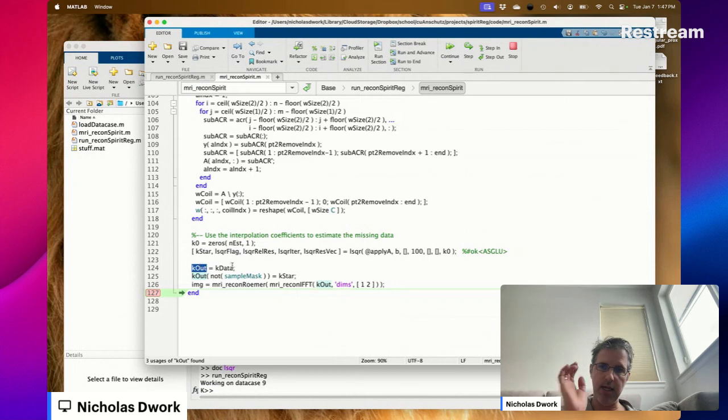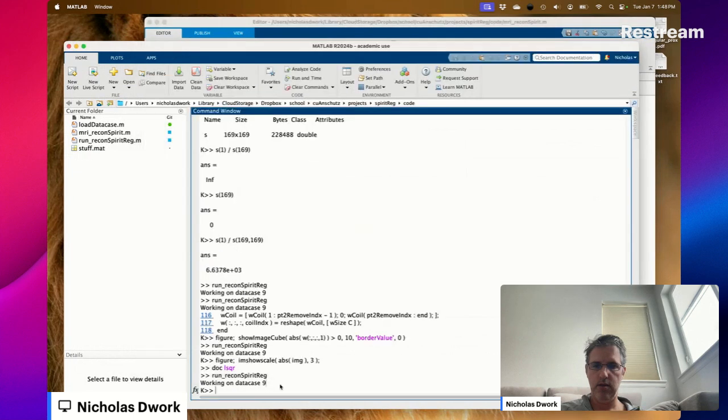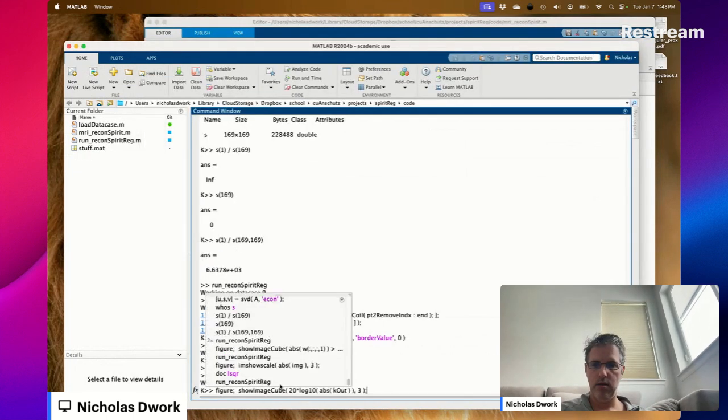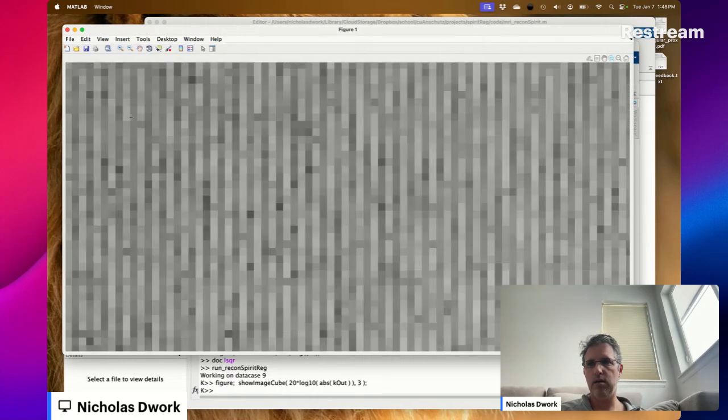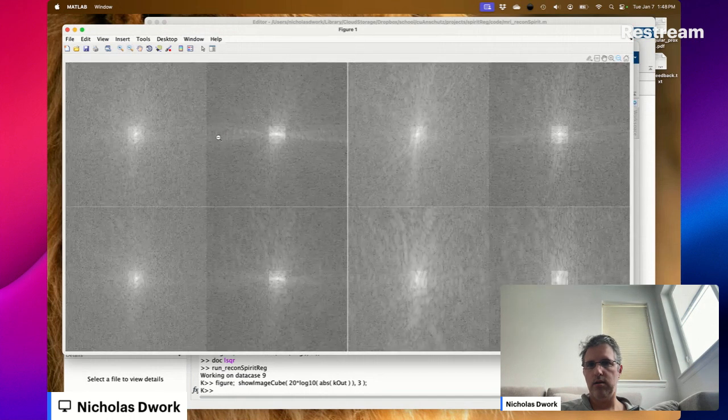And again, I want to look at K out. Still stripy. So it's not working.